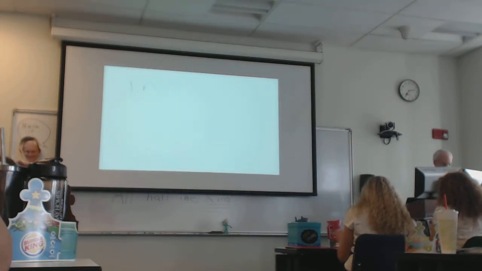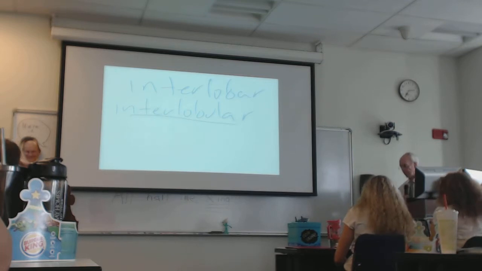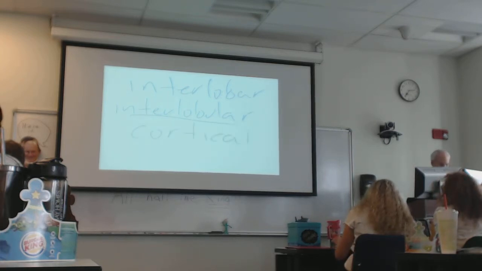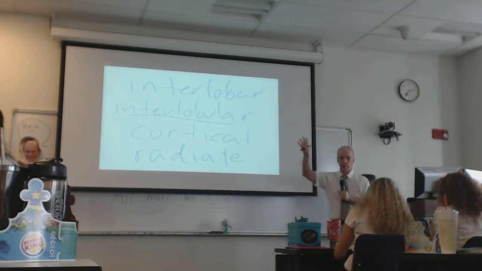Let me put these words in here. Do not confuse interlobar with interlobular. These are the smaller vessels. The interlobular vessels are also called in many medical texts cortical radiant arteries, because they're radiating from the arcuates.